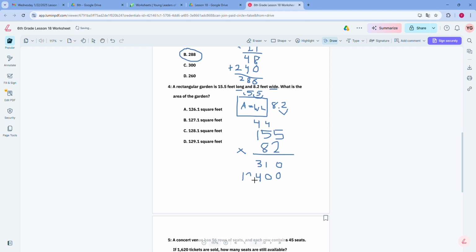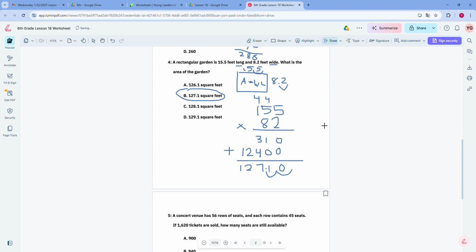And plus 4 is 12. And if you add all of these numbers, you would get 12,710. But remember that we put 2 decimal points to the side, so now we're going to add those back, and it would give us 127.1 square feet.